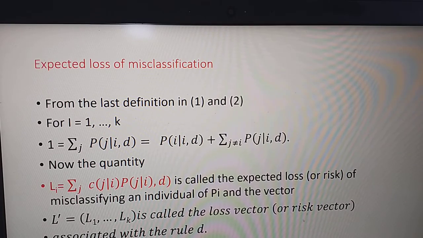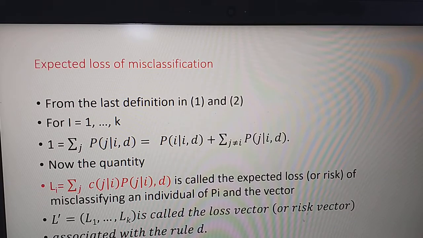And the vector L prime = (L1, L2, ..., Lk) is called the loss vector or the risk vector associated with the rule D. So for every rule D, which is of course a non-randomized rule because we have the partition W1, W2, ..., Wk, there will be an associated vector L, and this L is nothing but the vector of risks or vector of expected losses.